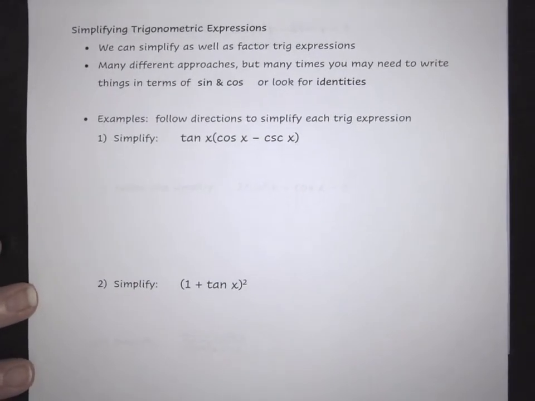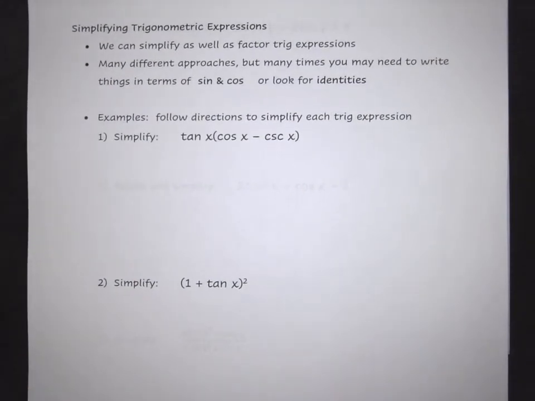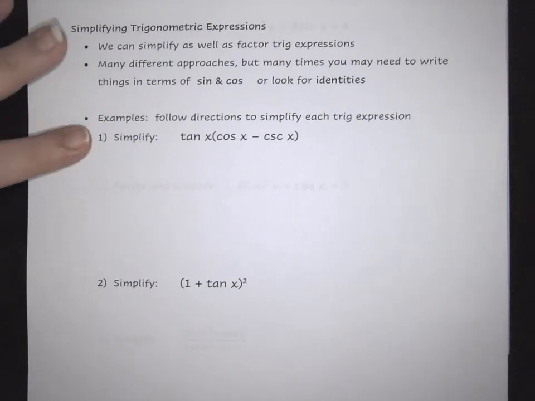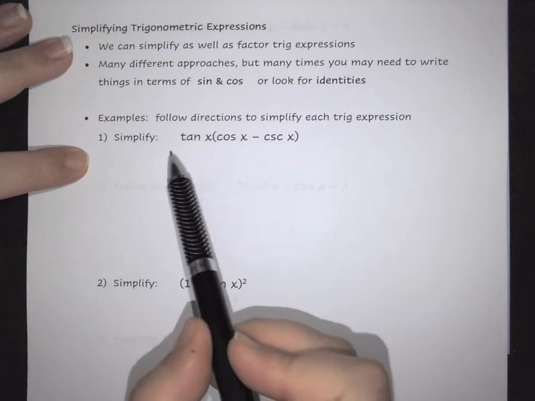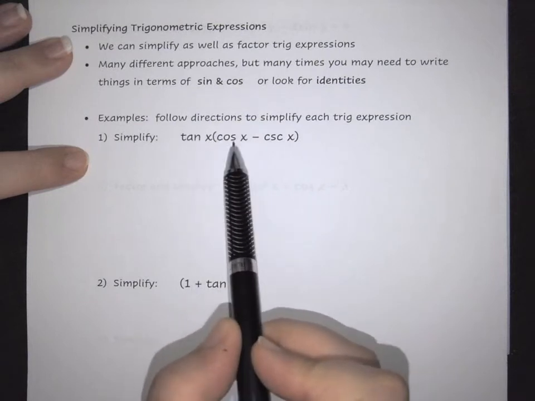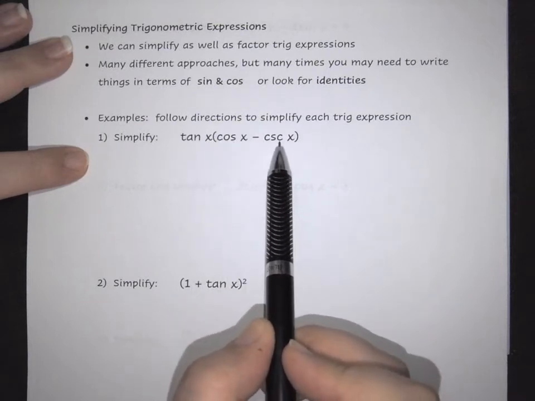So let's see if we can put all of this together. The problem we have is that we want to simplify the following, and we're told that we have tangent times the quantity cosine minus cosecant.